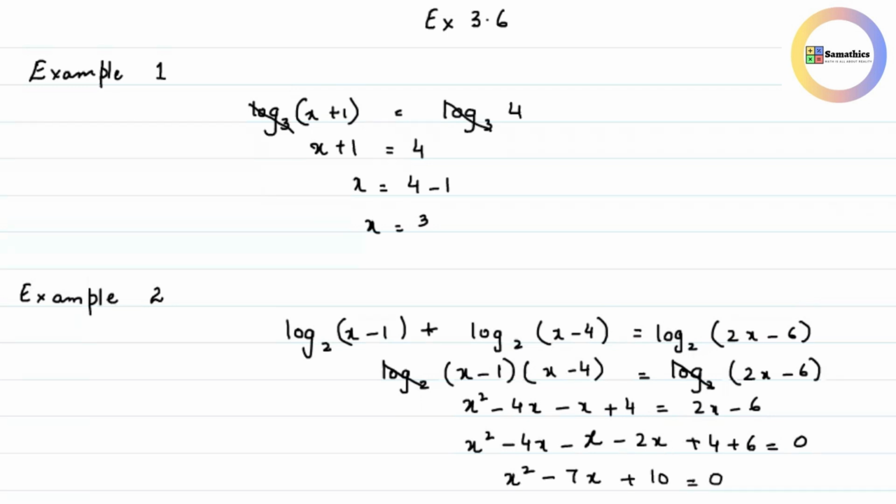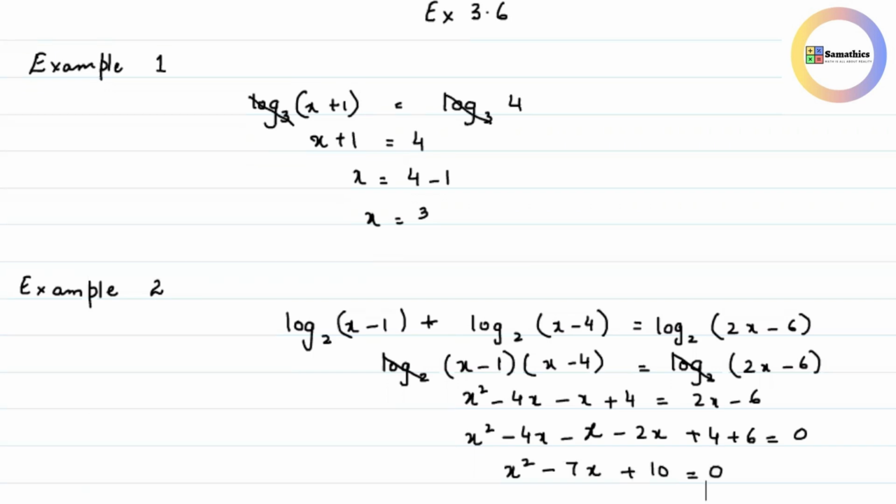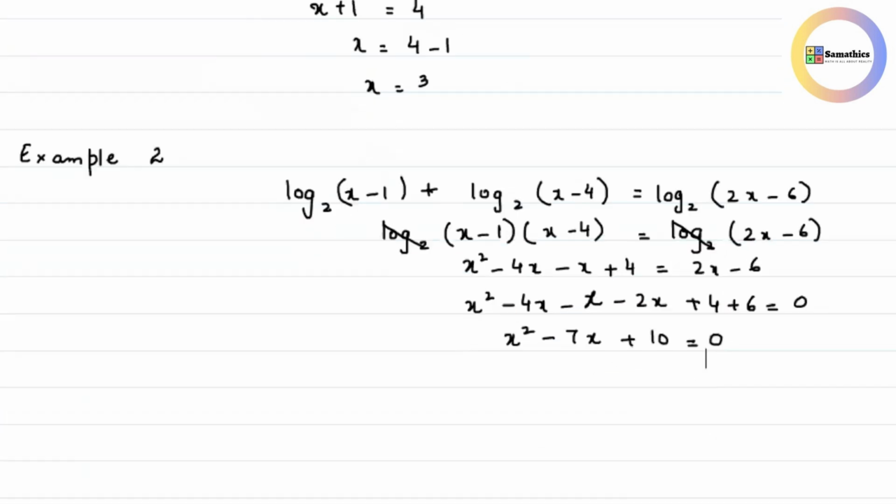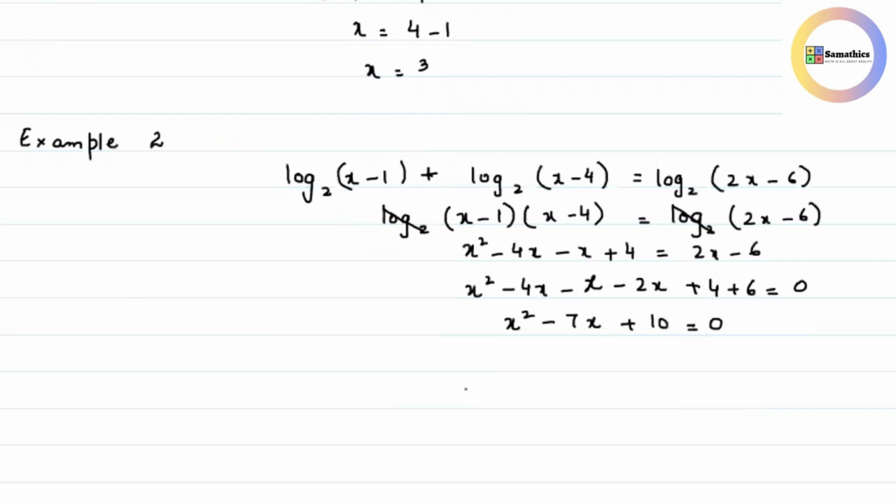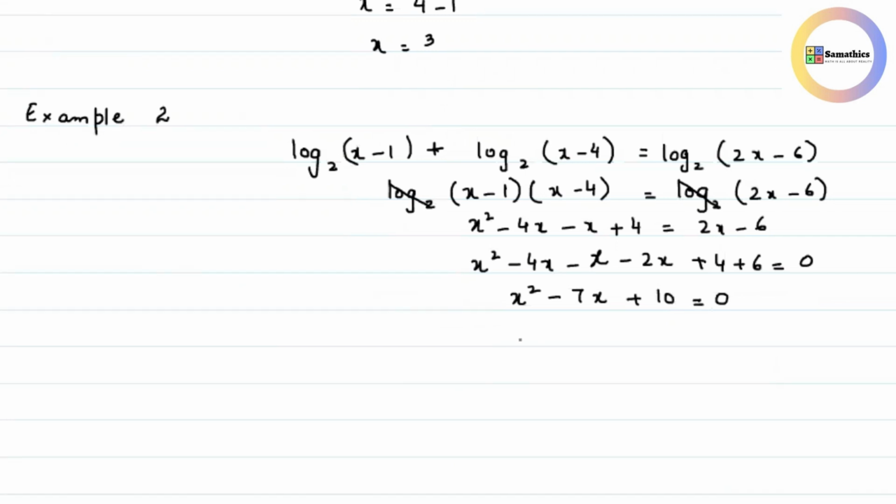Now we have here a quadratic equation, we'll solve it. So when we solve, we'll get x square minus 2x minus 5x plus 10 is equal to 0, and so the values of x are x minus 2 and x minus 5, x minus 2 is equal to 0.